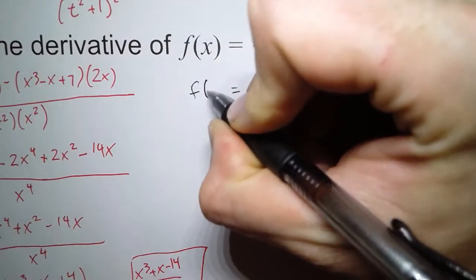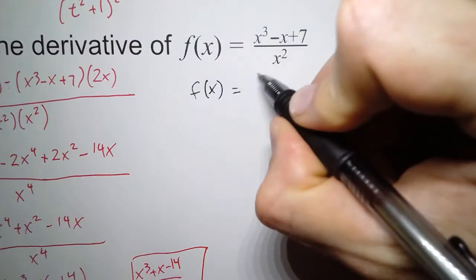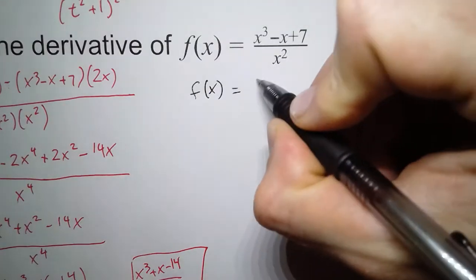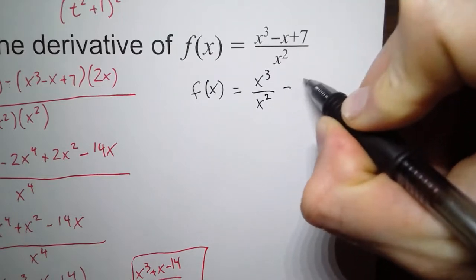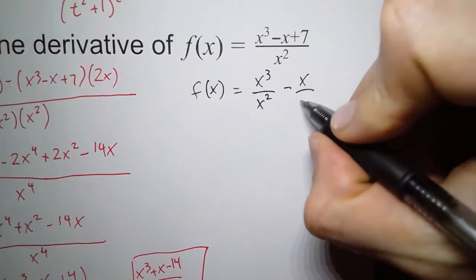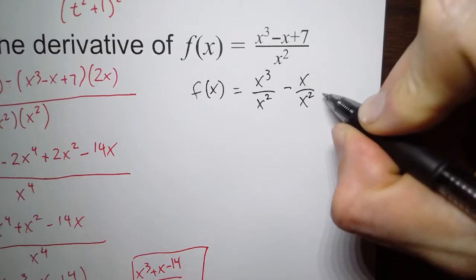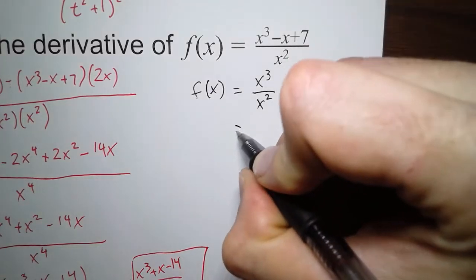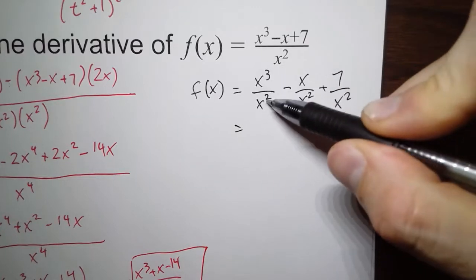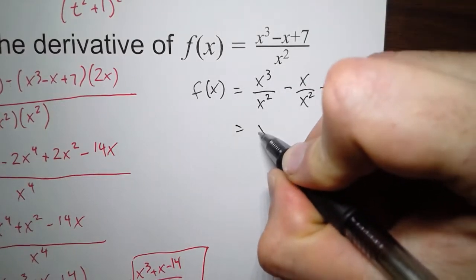We're not taking the derivative yet. What we're going to do is we're going to break every term and divide it by the denominator. So x cubed over x squared minus x over x squared plus 7 over x squared. So x cubed over x squared, that's just going to be x.